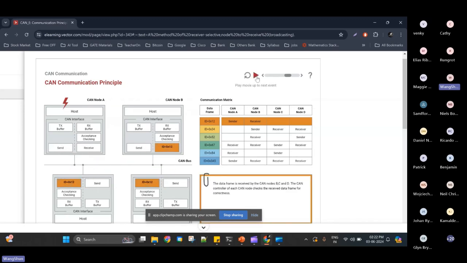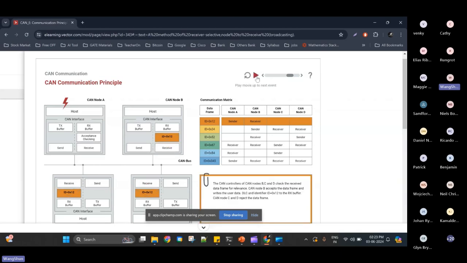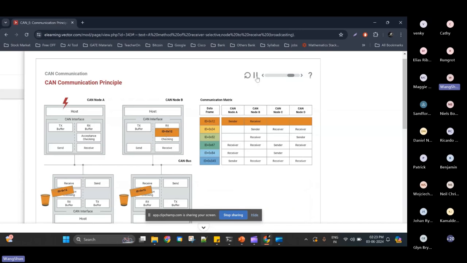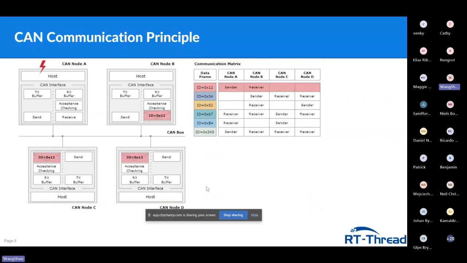Every node on the CAN bus will receive that, but we only require that packet at CAN node B. So acceptance checking will happen, and after that only CAN node B will accept it and the rest of them will discard the packet. This way the CAN communication happens. We'll move back to our slides.